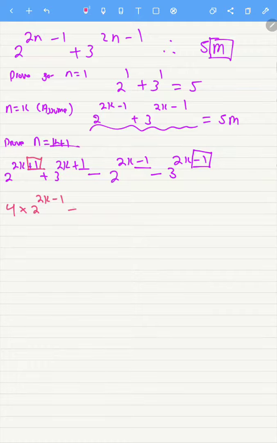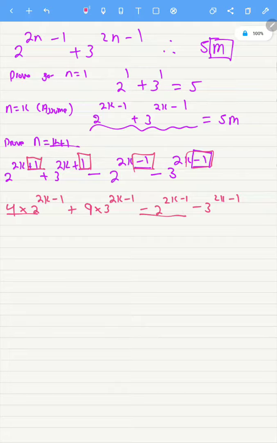And then plus, do the same thing here, so you take out 2. So 3 squared is 9, 9 times 3 to the 2k minus 1. Then you keep these the same, because now they're the same here and here. So that's 2 to the 2k minus 1 minus 3 to the 2k minus 1. Then subtract: 4 of these minus 1 of these is 3 of those.